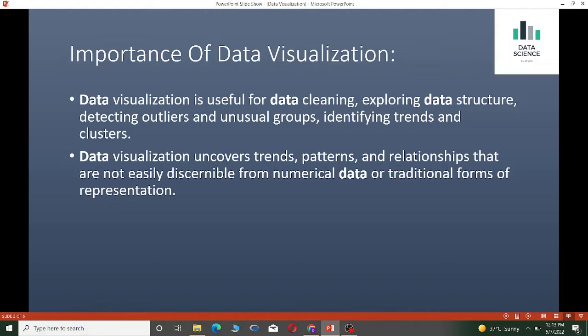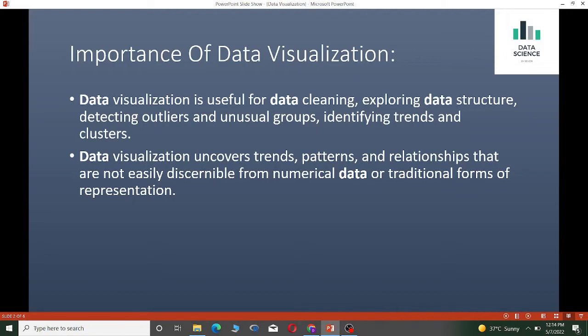Because right after data collection, the step of data preparation comes in. While doing data preparation, or even before that, we need to understand what the data is, where we need data manipulation, and where we need data preparation. So right after data collection, we use data visualization.